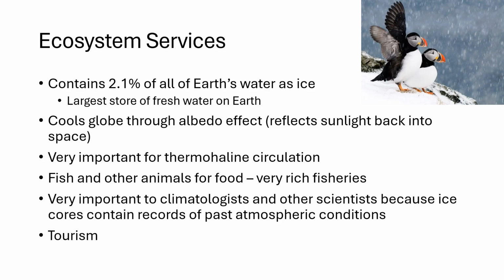There are some other ecosystem services that are a little bit more minor, including fishing and other animals for food. But once you're in the fisheries, then you're out into the ocean and not the ice sheet, the ice shelf, or the sea ice.